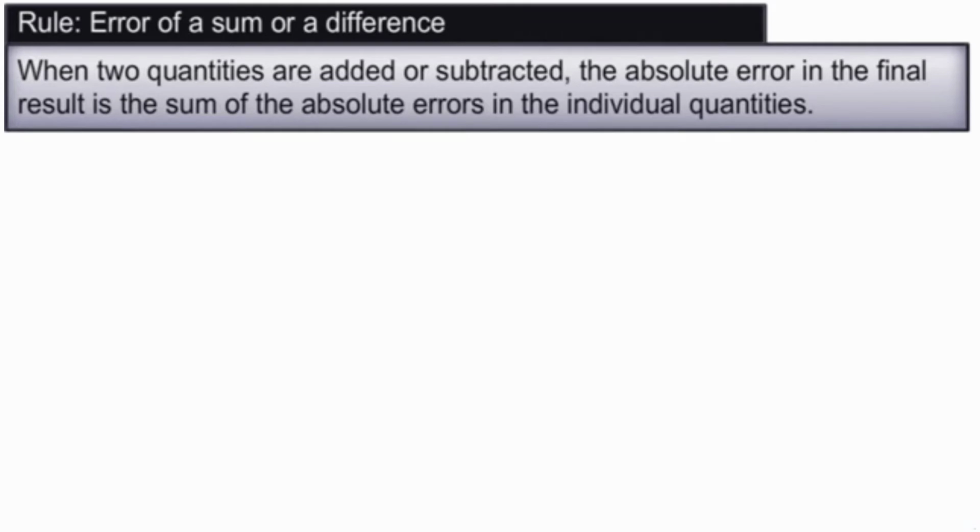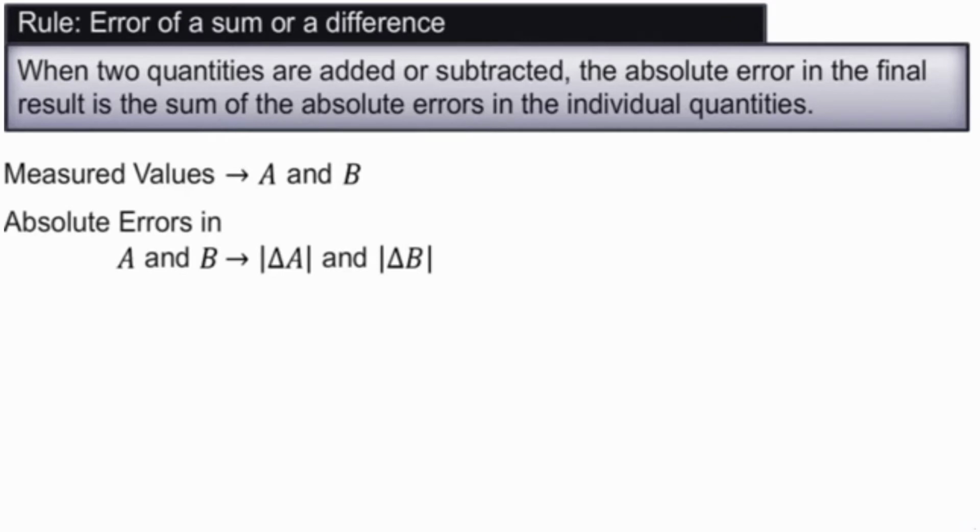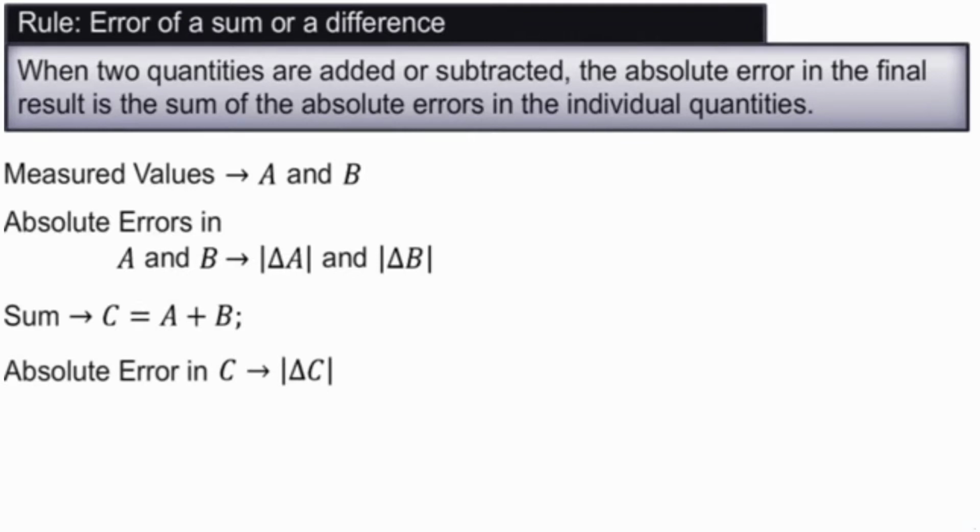First of all, error of sum or difference is when two quantities are added or subtracted. You will see that the absolute error in the final result will be equal to the sum of the absolute errors in the individual quantities. For example, take two quantities A and B. If the absolute errors in them are |delta A| and |delta B|, then take a third quantity C, which is equal to the sum of A and B, C equal to A plus B, whose absolute error is delta C. You replace it in C equal to A plus B along with the errors and then open the brackets.